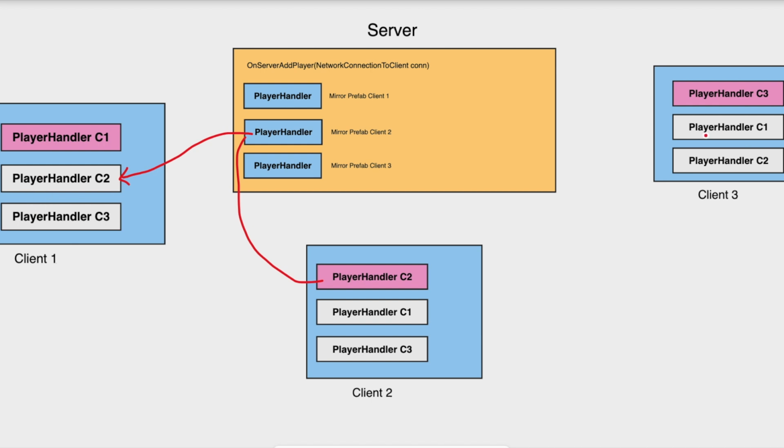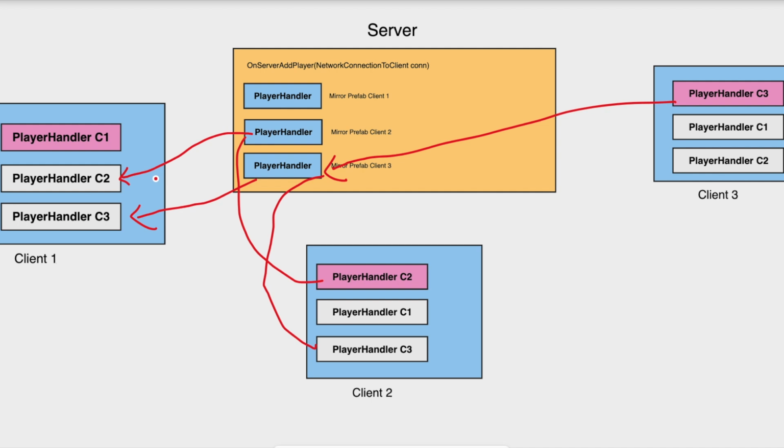Similarly, once client 3 is spawned, client 3 will send the RPC call through the server to the player handlers that exist on other clients, client 2 and client 1. So this will tell, hey, I have a yellow color player, so spawn the yellow color player here. So this is the simple step.